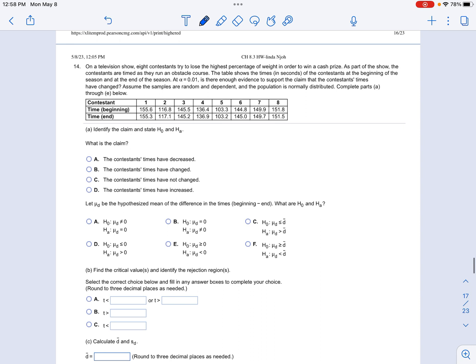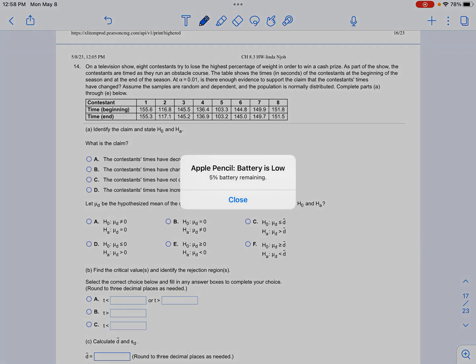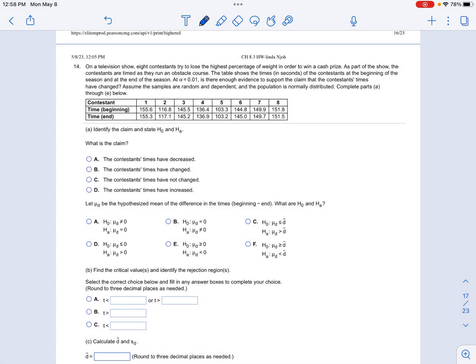Let's see, number 8. Contestants try to lose the highest percentage of weight in order to win a cash prize. As part of the show, the contestants have their times as they run. The table shows them at the beginning and at the end.